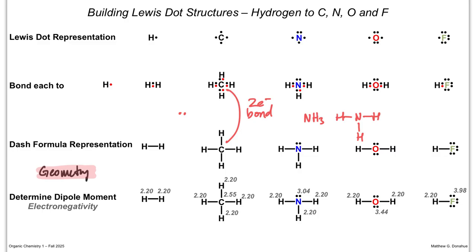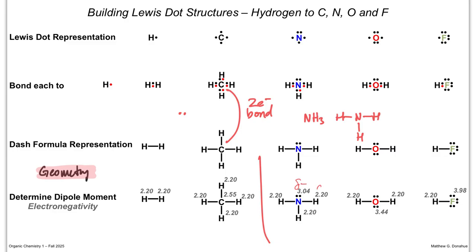So the Rubicon is right there. It's the line that we are going to cross. And if we look at nitrogen, now it's 3. So the difference between that 3 and 2.2, now you're past this threshold where the bond is polarized. And because there is a lone pair, we can say, well, that nitrogen's delta minus.